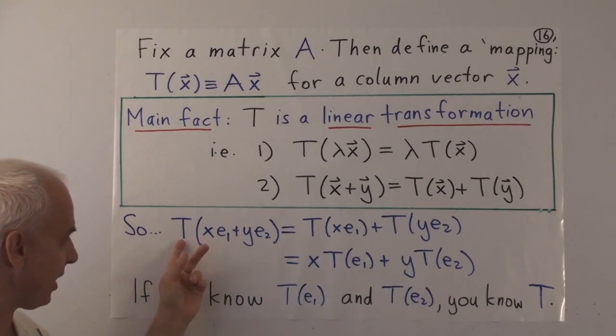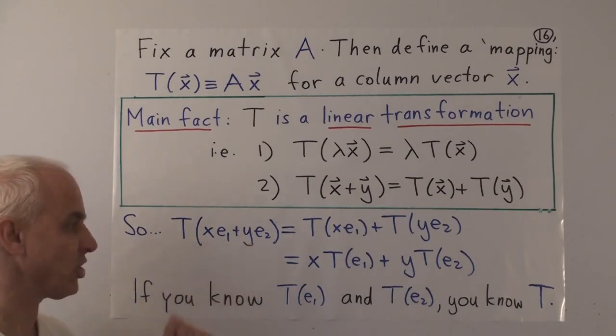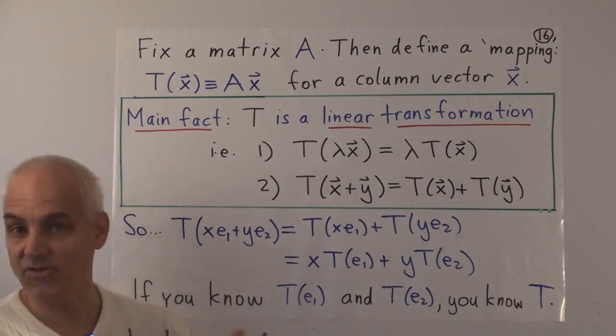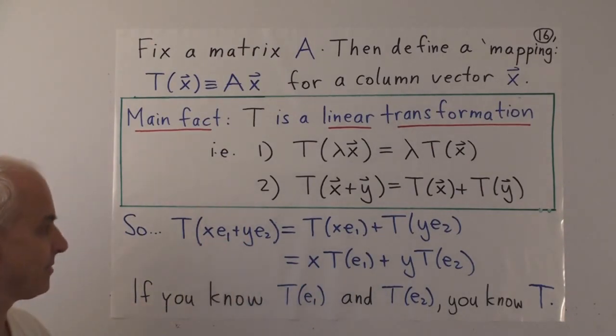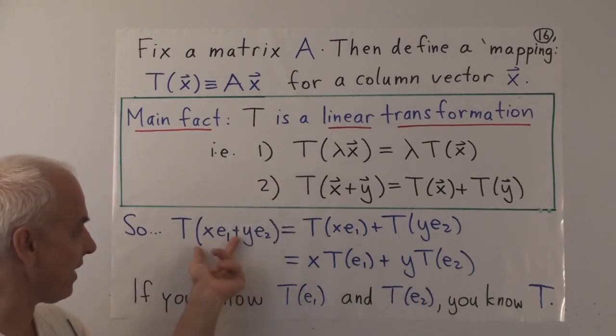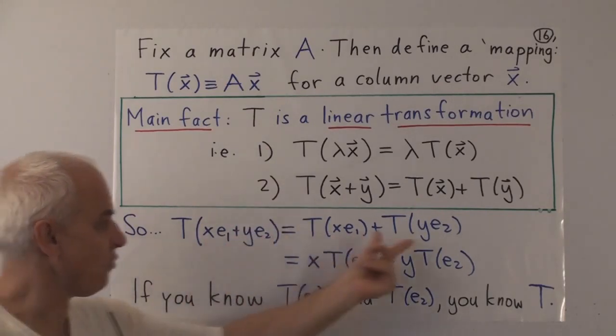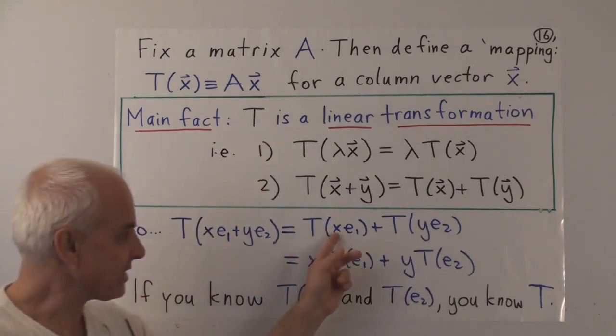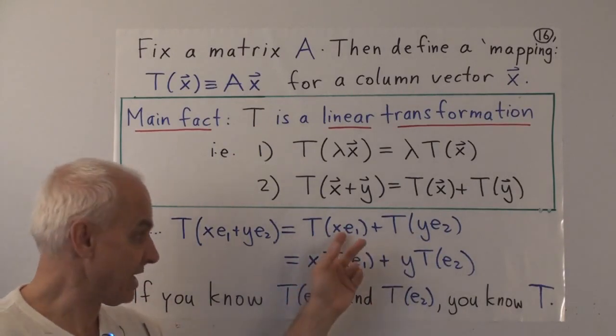Now suppose we want to apply the transformation T to a combination x e1 plus y e2, where e1, e2 are perhaps our standard basis vectors. Then applying the second property first, this is T of x e1 plus T of y e2. And then applying the first rule, the x and the y, which are just numbers, can come out.